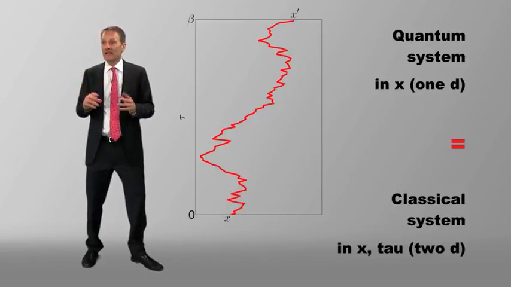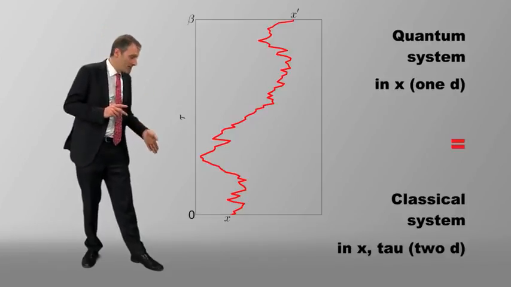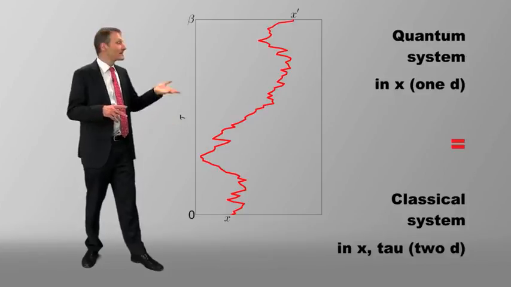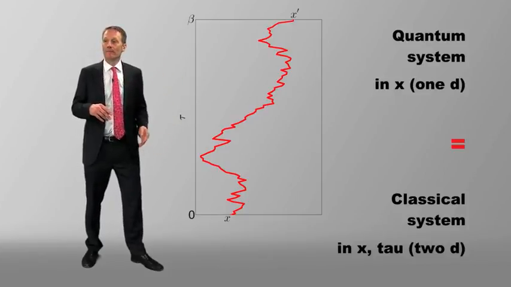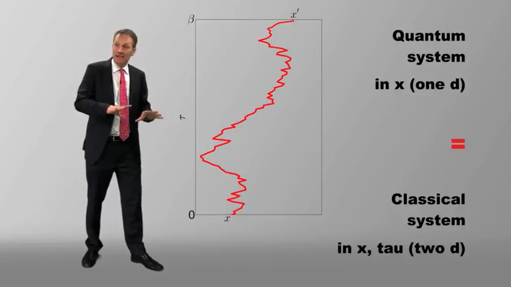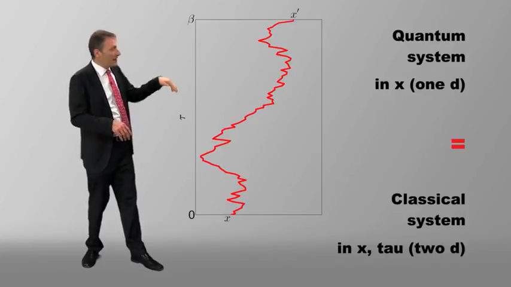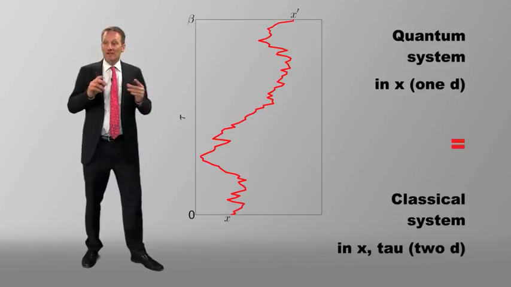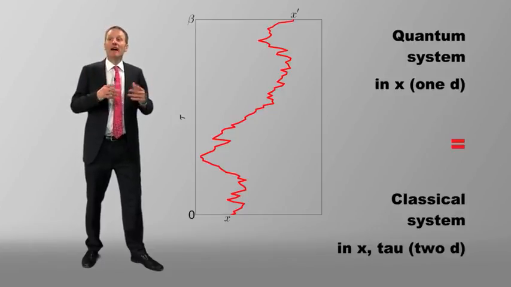Or more generally, that a quantum system in dimension d corresponds to a classical system in d+1. As the temperature gets lower, beta gets higher, and the extension of this space in all dimensions becomes infinite.